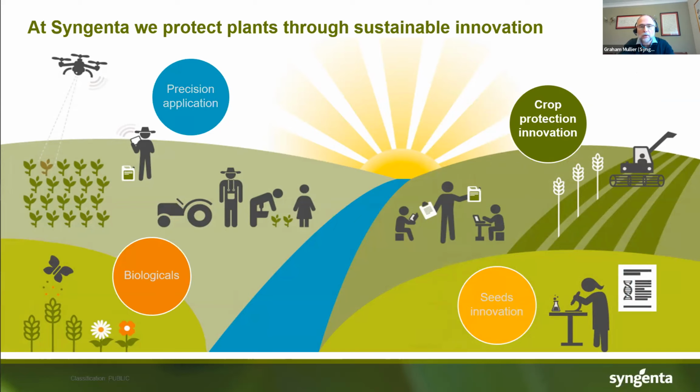But if we come back to the top right-hand corner and what I mentioned around crop protection, how do we do this innovation? So companies like Syngenta and precursors have been trying to invent things for a long time.